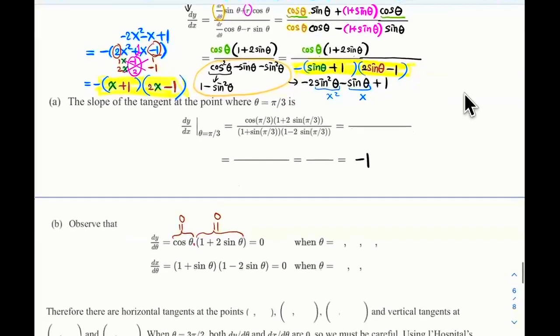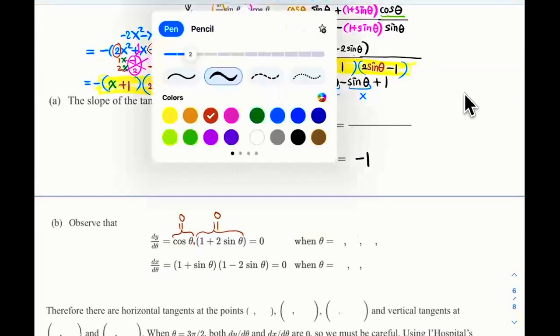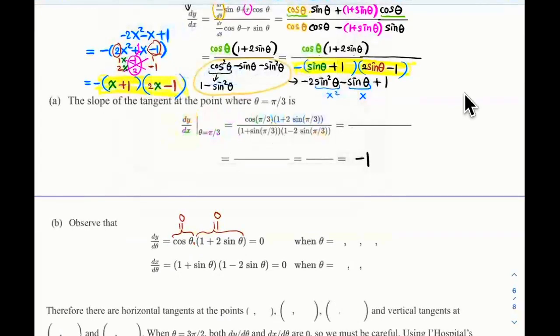So when cosine theta equals 0, what theta will be? This is trigonometry. Pi over 2? Okay, good. You got it. More than that. 3 pi over 2? Wow, you got good at trigonometry.